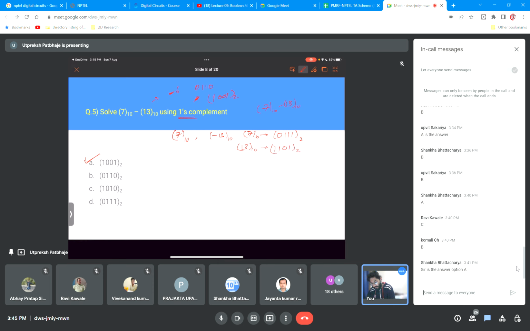But since this is negative 13, the 1's complement will be simply flipping the bits. So this will become minus 13. Now you need to add these two numbers. So 7 minus 13 would become, with this addition you have to do simply, 1001, and this will be in 1's complement form.